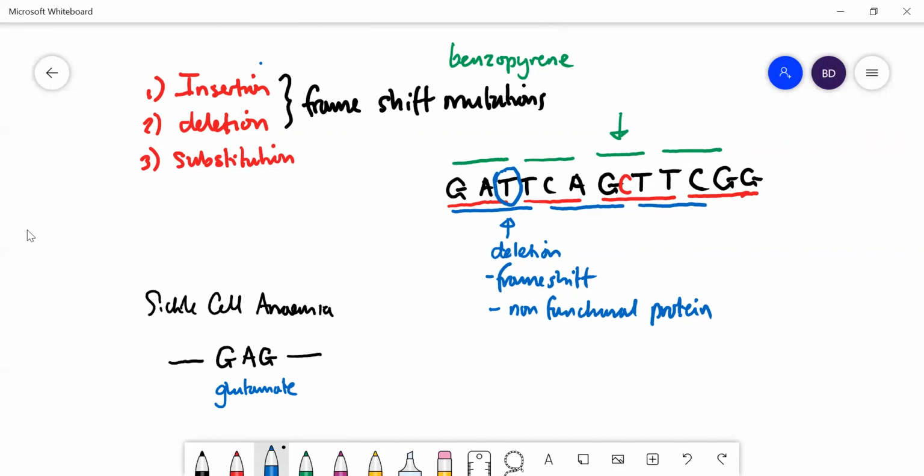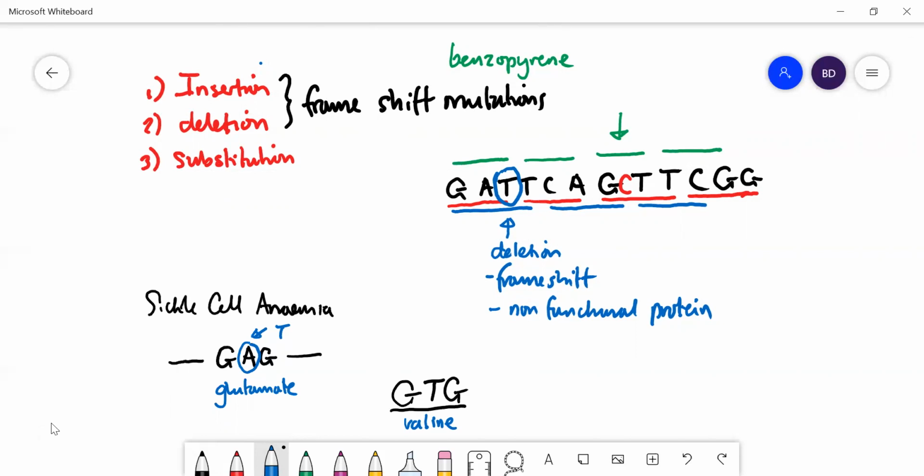In sickle cell anemia, the A has been converted to a T. So that means now the codon is going to be GTG, and that doesn't code for glutamate. That encodes for the amino acid valine, which is quite different to glutamate. It's much more hydrophobic and it changes the properties of the protein and causes the disease.